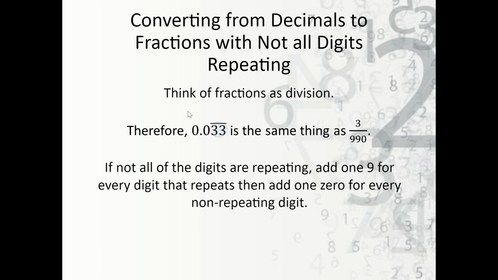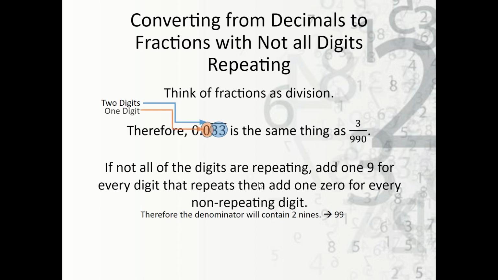So in this case, we have two digits repeating, so that should be two 9s, so 99. And there is one digit that is not repeating, so it should be one 0. So it should be 990. And then we just keep this value here, 33, and that becomes my numerator. So this is 33 over 990.